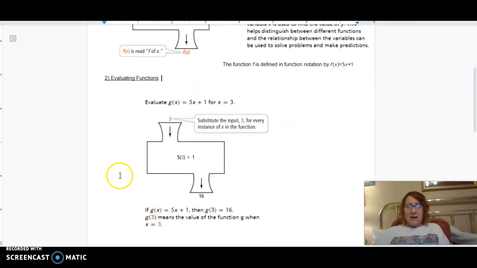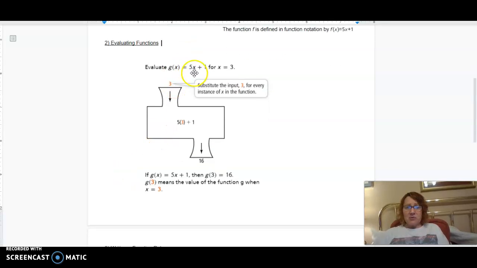And then we evaluate functions. When you evaluate a function, you say, what happens when I take 3 and I plug it into a function? When you take 3 and plug it in, you're replacing x with 3. So instead of having the x, you're going to have 5 times 3 plus 1, which is 15 plus 1, which is 16. This is actually called the function g.